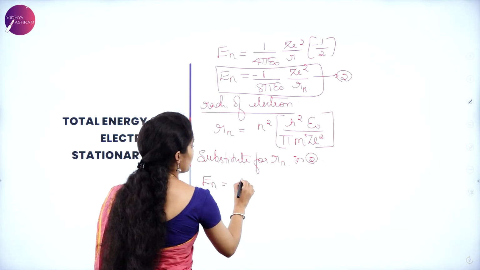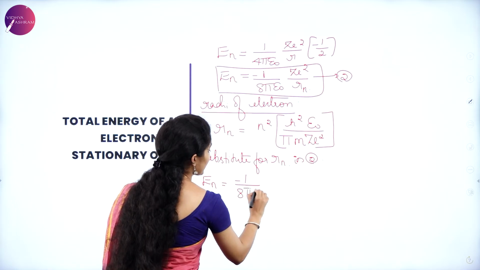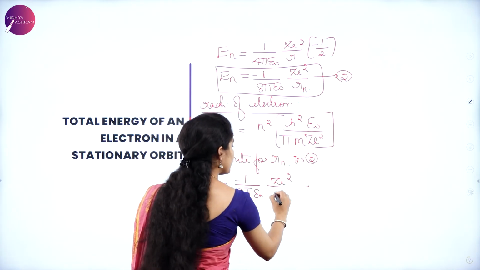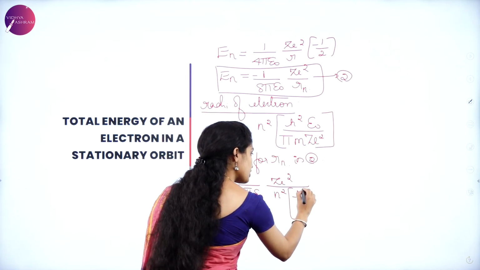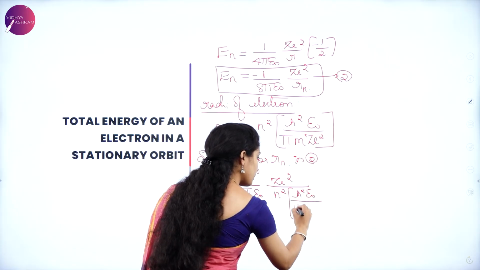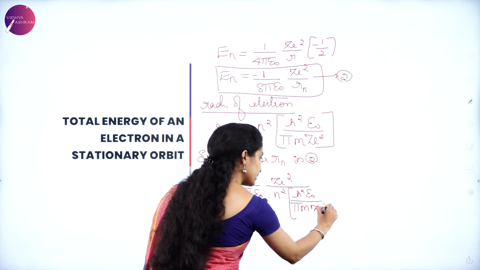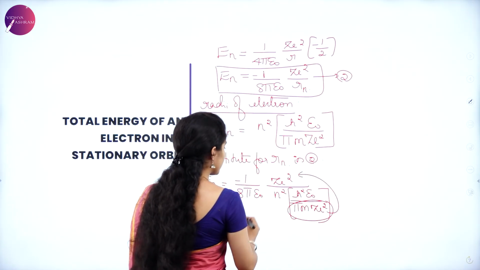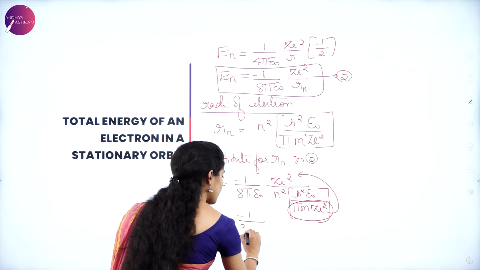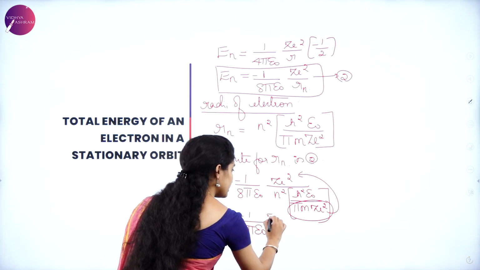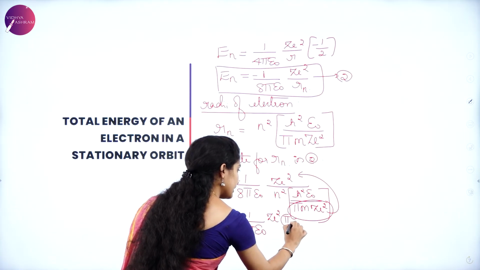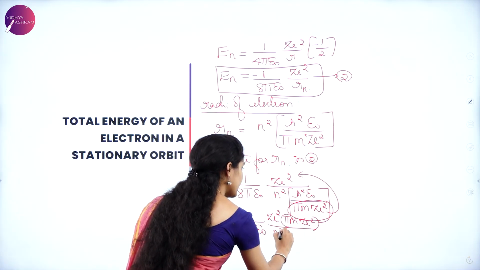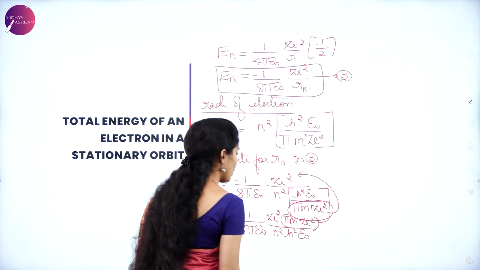is equal to minus 1 by 8 pi epsilon naught z e square. Substitute for Rn, you have n square h square epsilon naught divided by pi m z e square. So take this denominator towards the numerator. You have minus 1 by 8 pi epsilon naught, z e square into pi m z e square divided by n square h square epsilon naught.